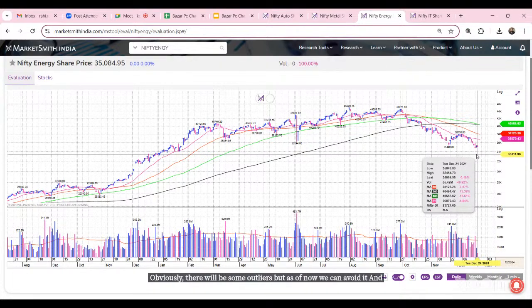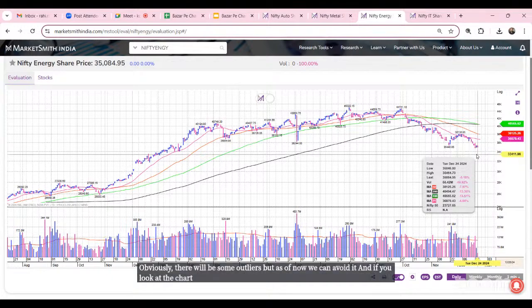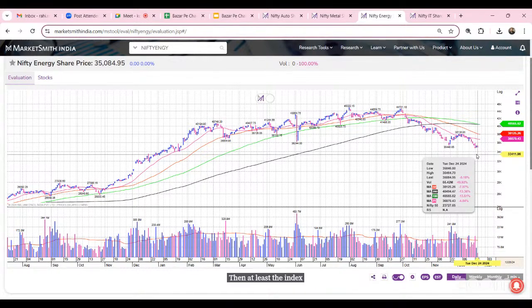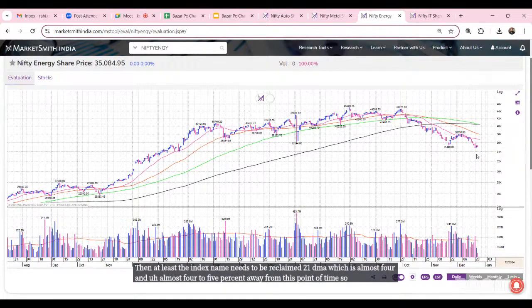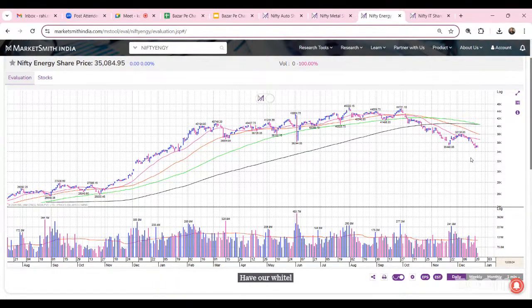And if you look at the chart, if we want to be relieved and need positive sentiment to arise here, then at least the index needs to reclaim its 21 DMA, which is almost 4 to 5% away from this point of time. Once the index reclaims that level, then obviously we can think of buying the stocks, or at least have our watch list ready for this particular space.